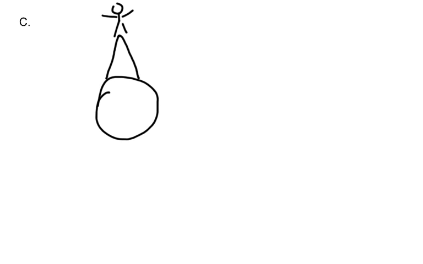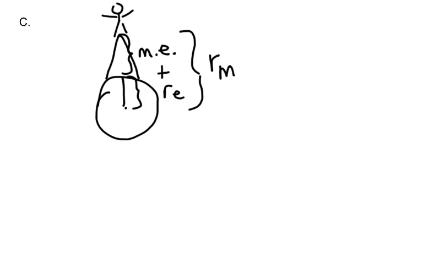So we have the radius of the Earth, but we also have the radius of what I want to call Mount Everest, because you're on top of Mount Everest, and those are the two values that we're going to add together to find the total distance between the center of the Earth and basically the center of you, but that's so small compared to everything else that we just say that's negligible.